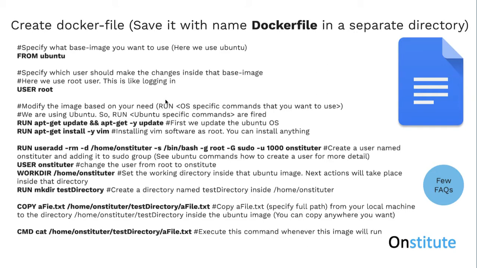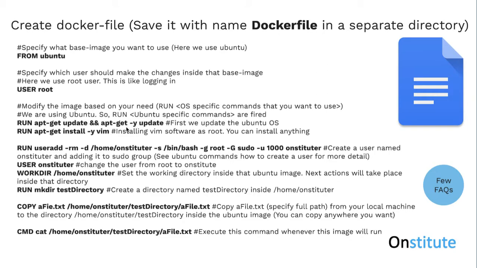The corresponding keyword is RUN. After this RUN, you have to specify the OS specific commands that you want to execute in that base image. Now here we are using an Ubuntu base image, so we have run all the Ubuntu specific commands inside it.